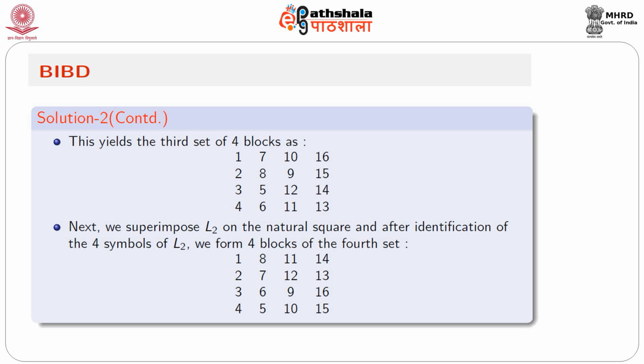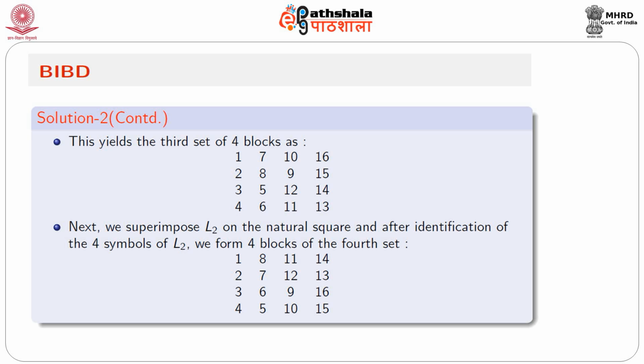The number 2 of L1 appears with the numbers 2, 8, 9, 15 in the natural square and so on. Therefore, we form the third set of blocks by referring to the numbers in the Latin square and identifying their corresponding numbers in the natural square. That is how we get the 4 blocks here: 1, 7, 10, 16; 2, 8, 9, 15; etc.